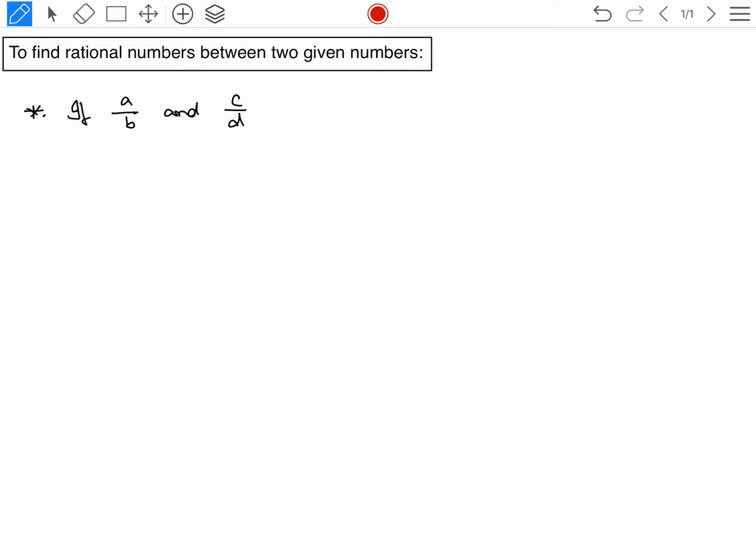Look at this one. If a by b and c by d are two rational numbers, take the notes in your copies.